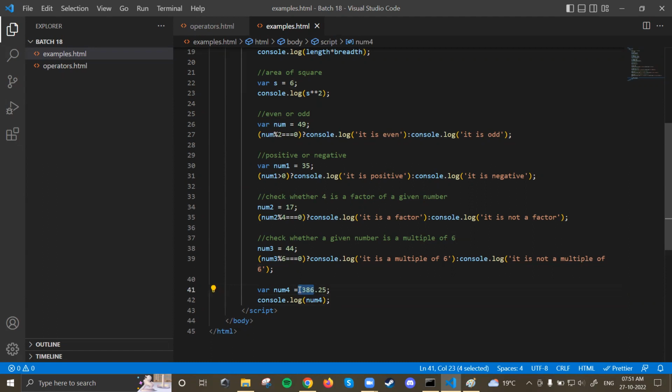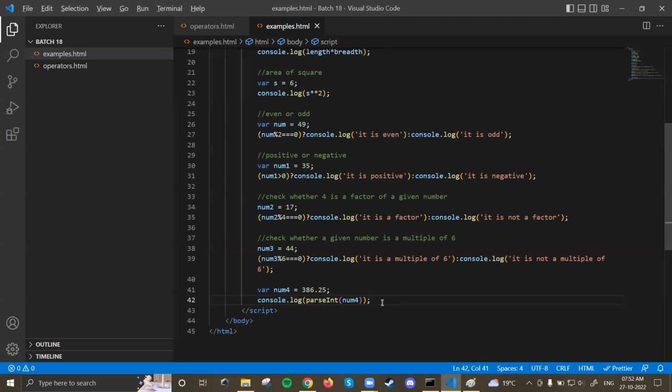What do I do? There is a method to round off the value, yes. In JavaScript we have something called parseInt. Inside the parseInt parentheses we put the number we want. parseInt of num4 will give you 386. It will ignore the 0.25 part.